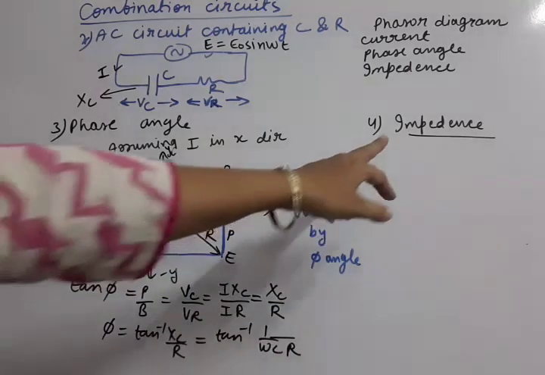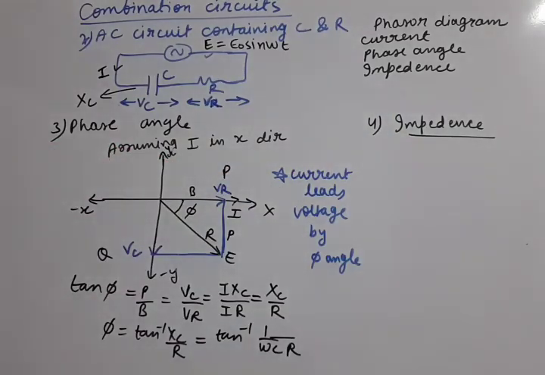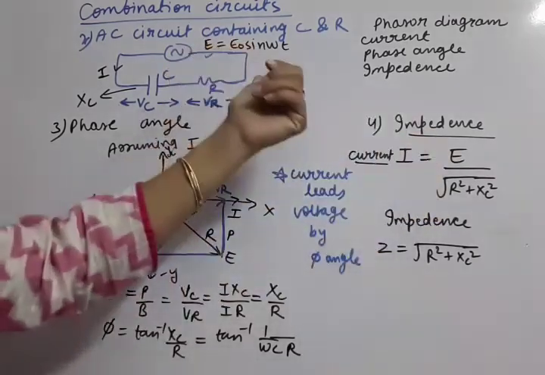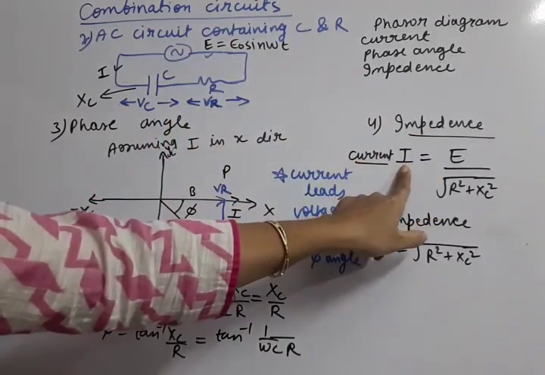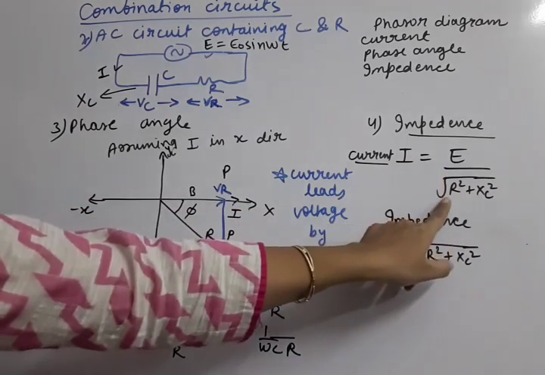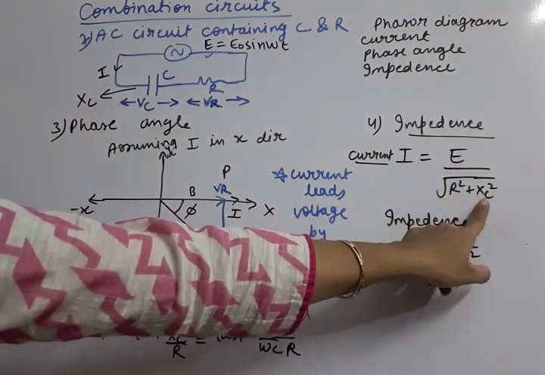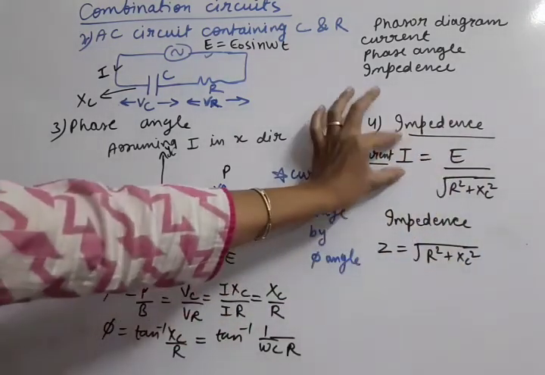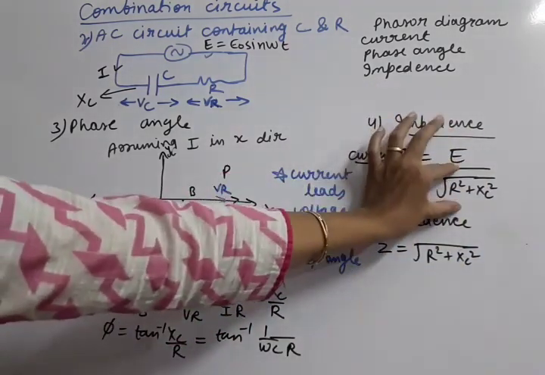Now let us come to the impedance portion. How to calculate the impedance? The denominator part in the current equation is the impedance. For this circuit, the current I obtained is E upon root of R square plus XC square. As you know, current is always voltage upon resistance.